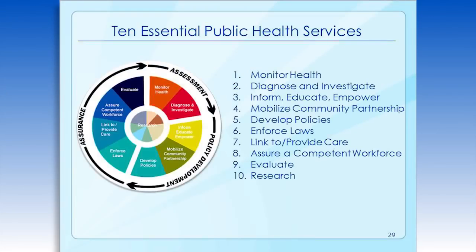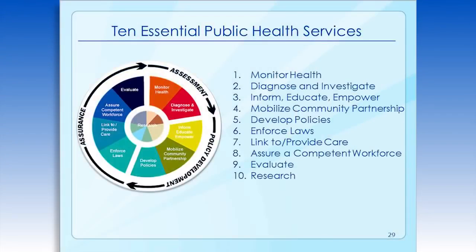Under the function of assessment, what are examples of, number 1, monitoring health for tobacco use prevention? So one example is to monitor health among segments of the population, for example, youth. Another example could be monitoring global tobacco use prevention by country.